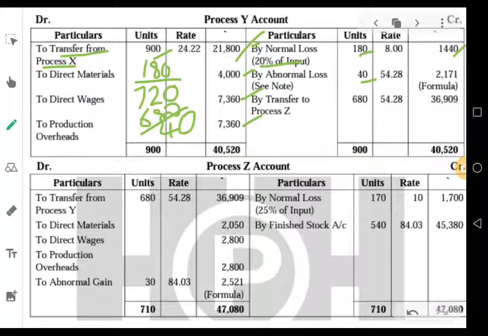In this case, the total process cost is 40,520, minus value of normal loss, that is 1,440, divided by expected output. That expected output in this case is 720.